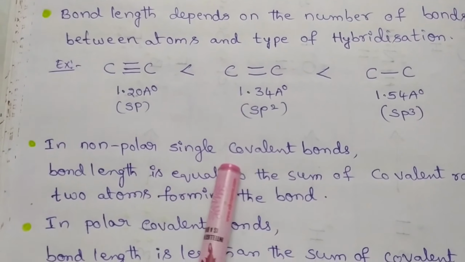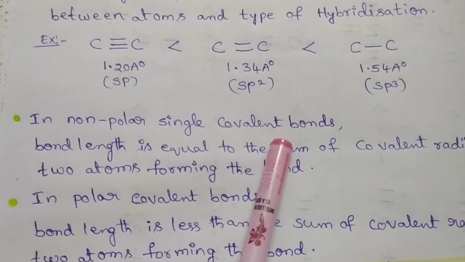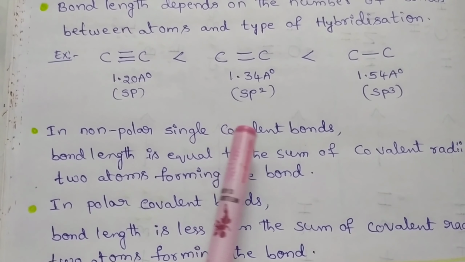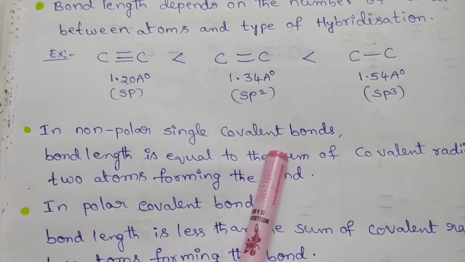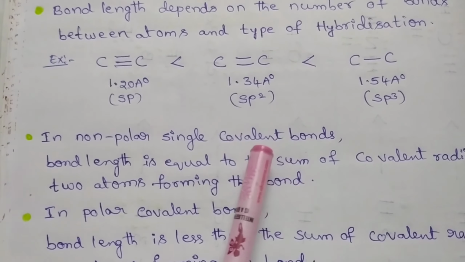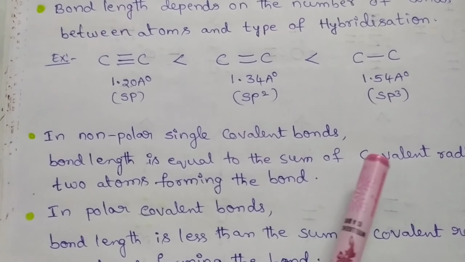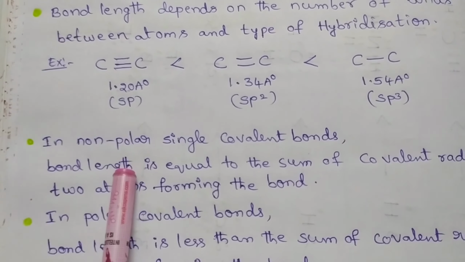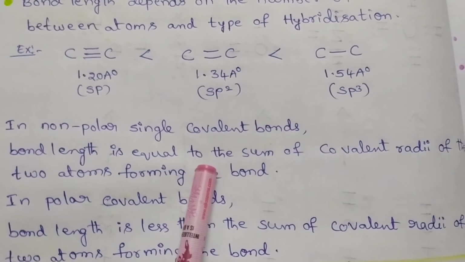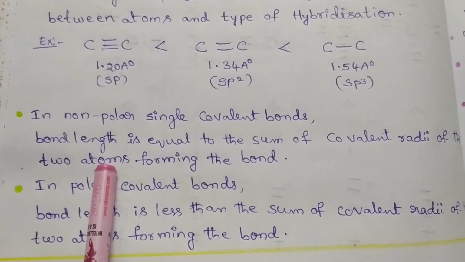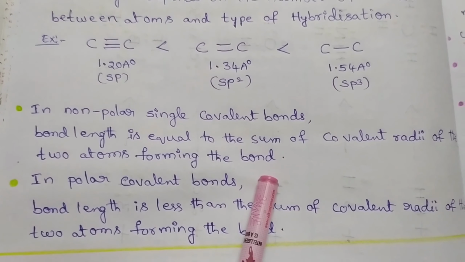In non-polar single covalent bonds, non-polar means same atoms are combined together, for example, halogen molecules like fluorine, chlorine, bromine, iodine. In these types of molecules, the bond length is equal to the sum of covalent radii of the two atoms forming the bond.